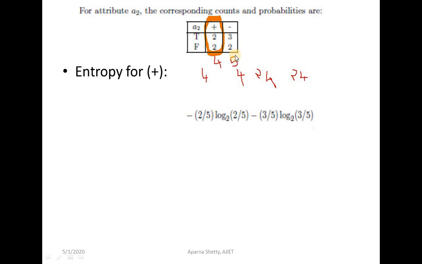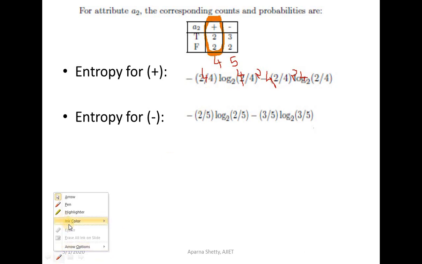The entropy for the positive class here, total count, one second, I will erase this. So here the total count for positive class is 4, and the total count for negative class is 5.